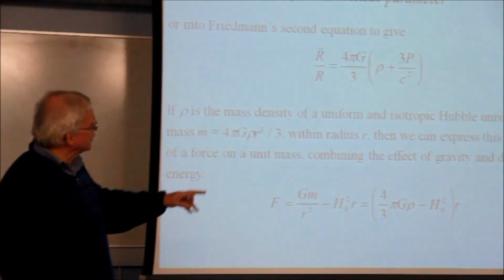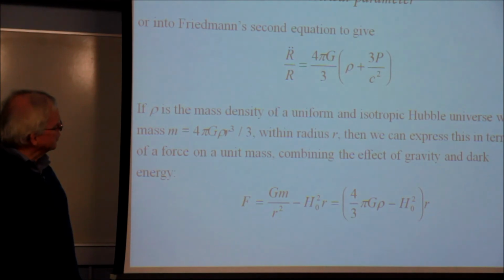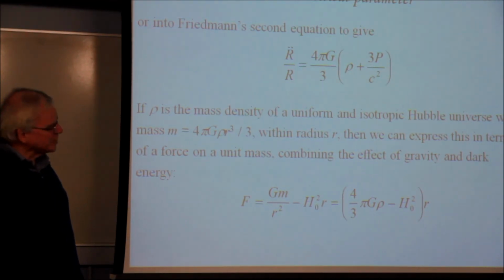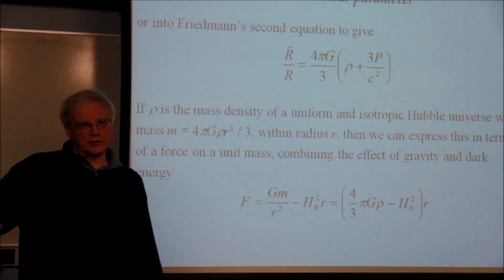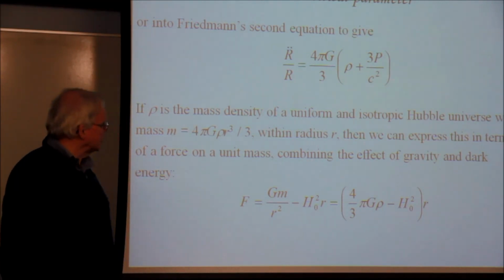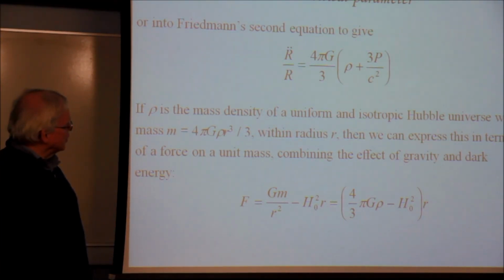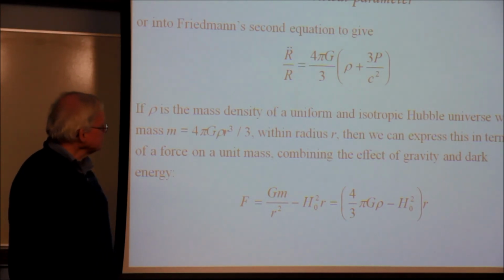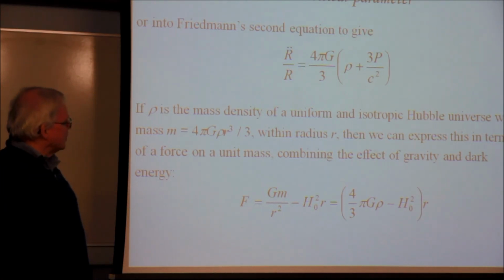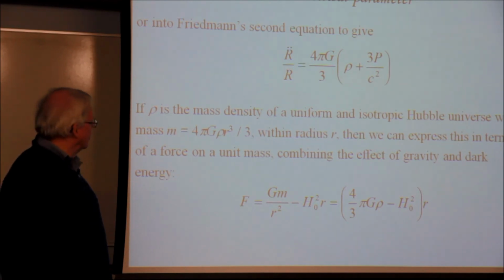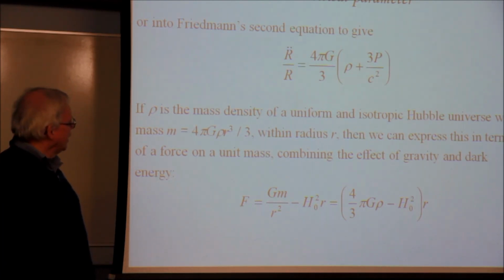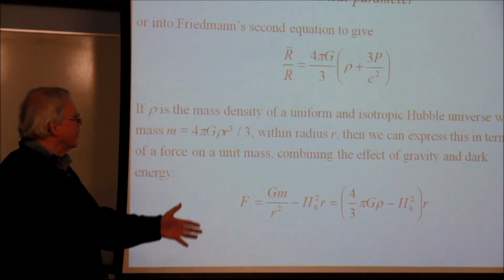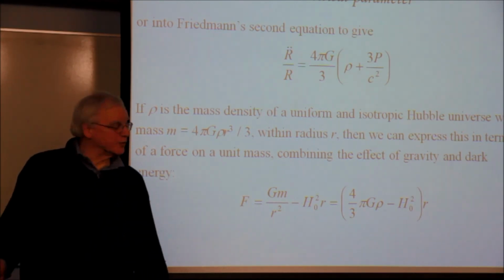This time we're using the second equation, and this equation gives us the acceleration of the scale factor over the scale factor, 4 pi G over 3 times rho plus 3p over c squared. And we assume rho is the mass density of a uniform and isotropic Hubble universe, and the mass of the Hubble universe is just a standard mass term within its radius, within the Hubble radius.